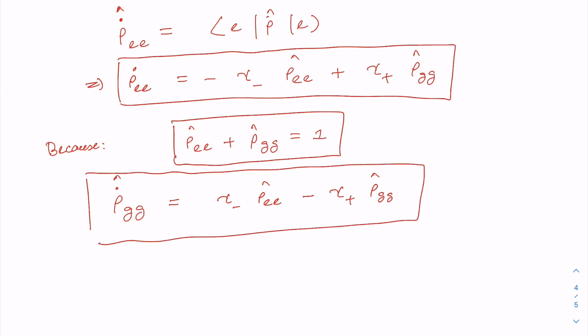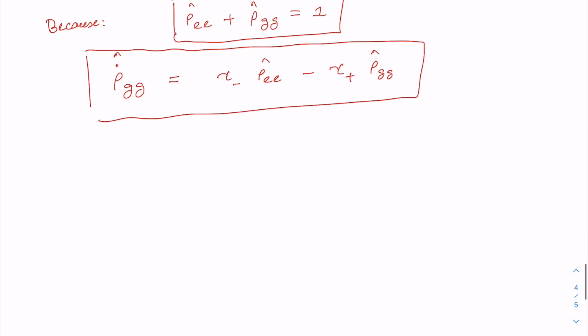Now let us calculate the time evolution of the density matrix element rho ZE, that is Z rho dot E. Again let us do it term by term.